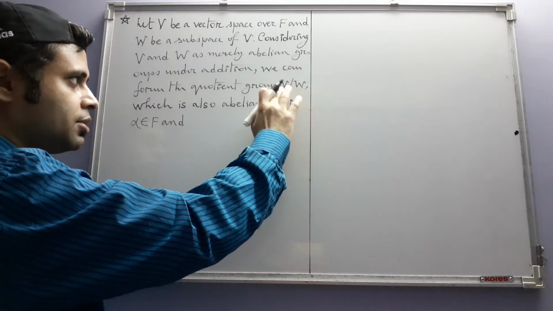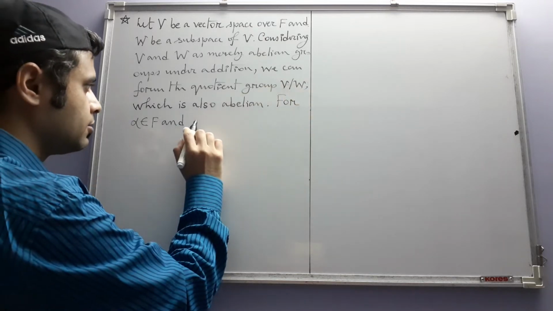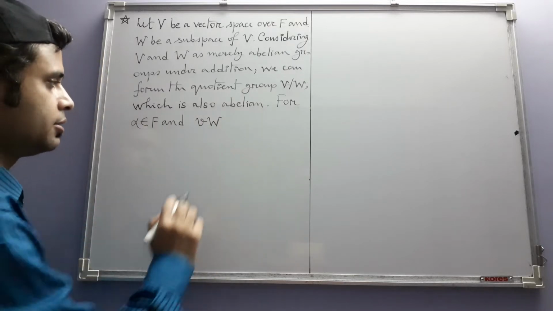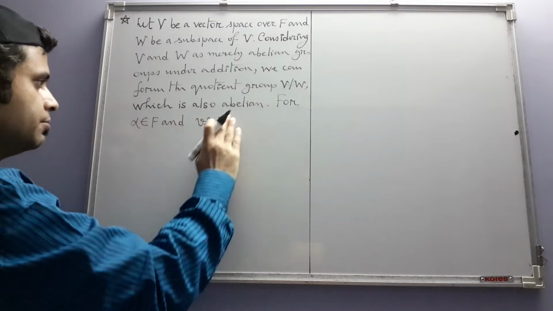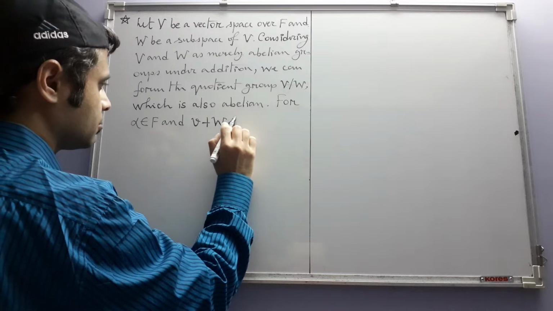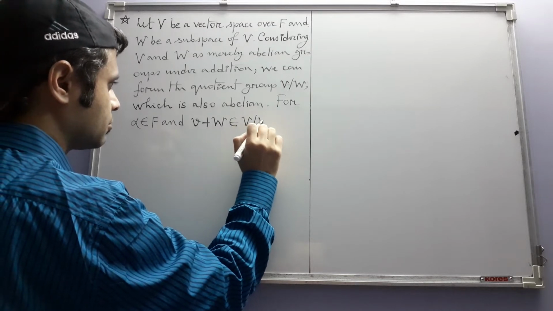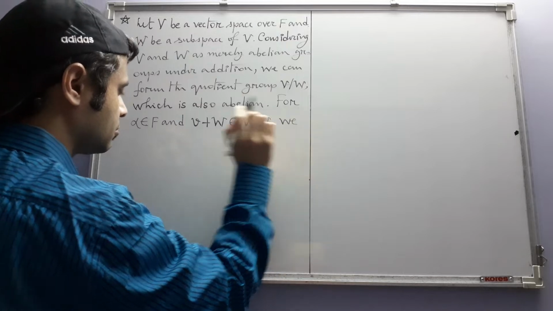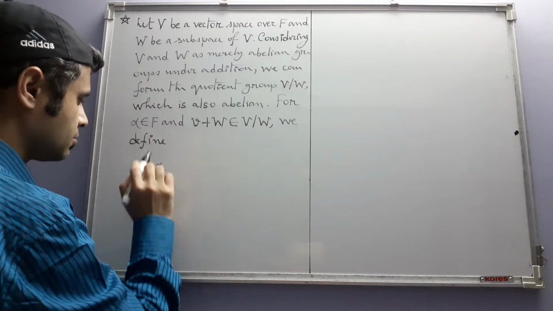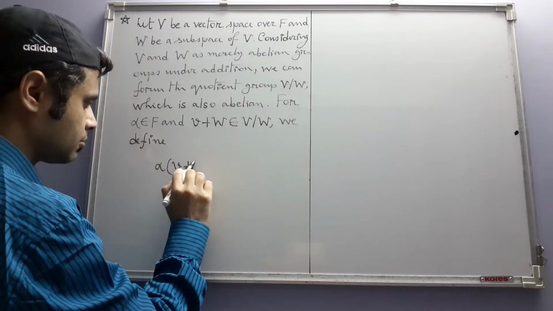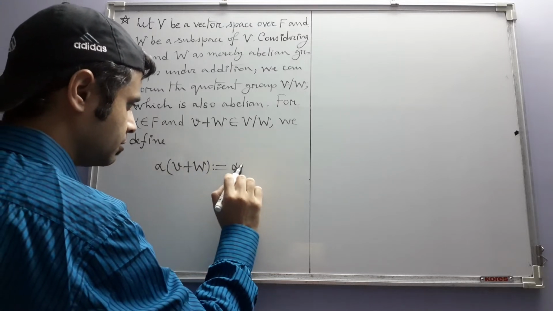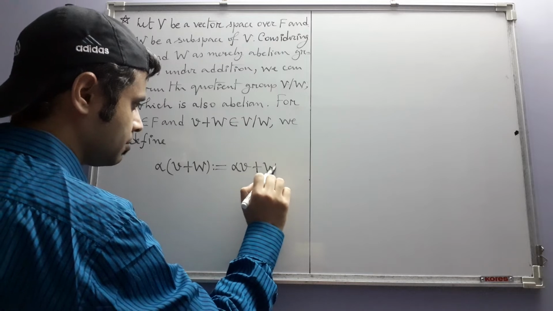They are cosets of W in V. But we are not going to write them as vW because our operation is addition, so we will write v plus W. And we define alpha times (v plus W) like this. This product is defined to be equal to alpha v plus W.